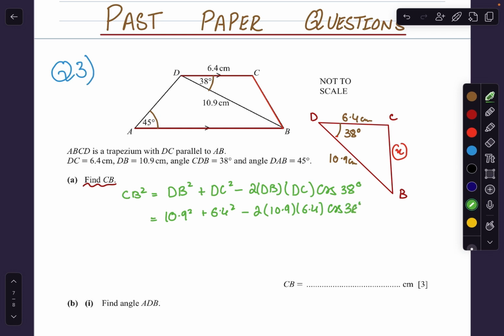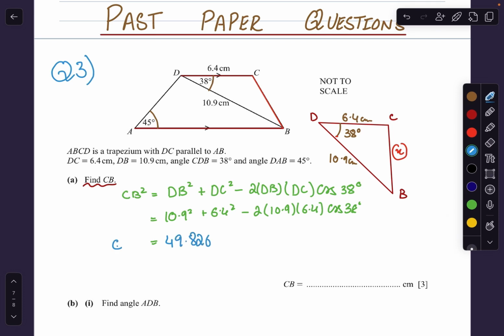To solve this, we'll just use the calculator. 10.9 square, add 6.4 square, subtract 2 times 10.9 times 6.4 times cos of 38 degrees. After solving it, what we get here is 49.826.